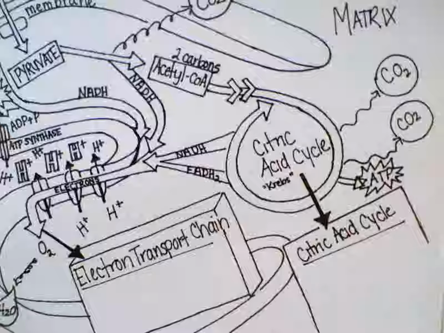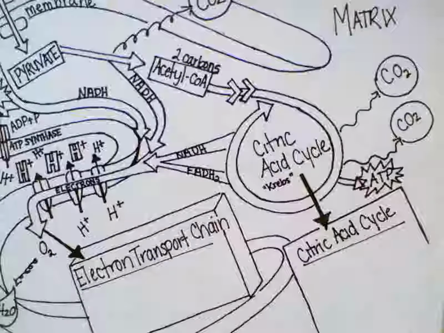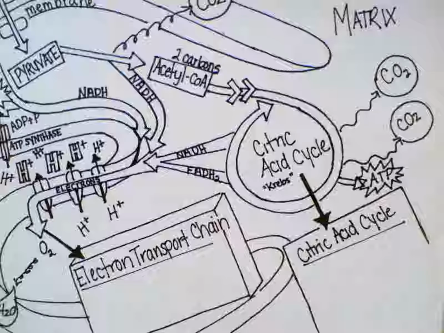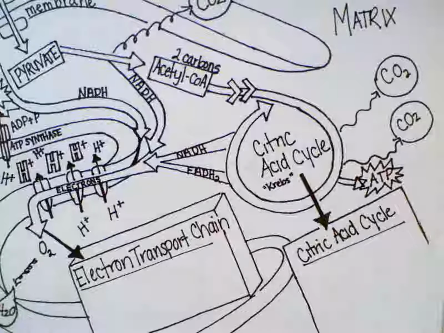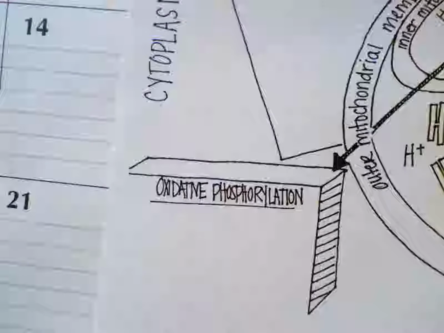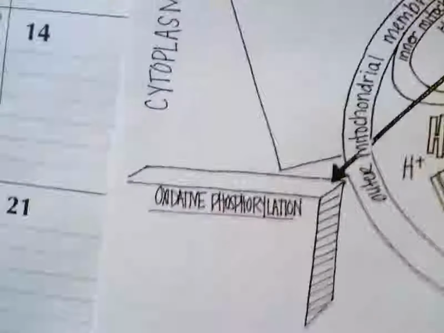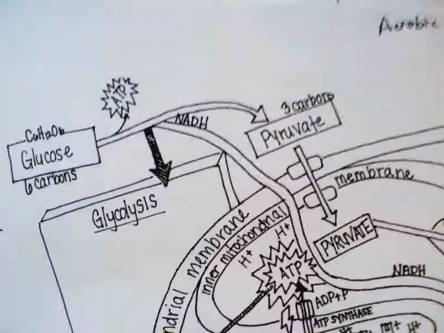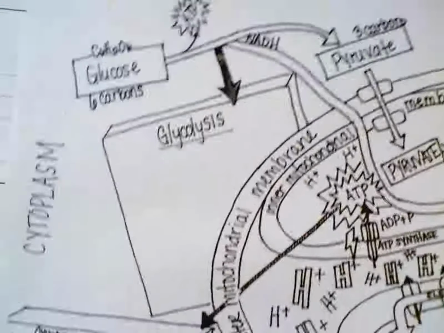Glycolysis, and then the Krebs cycle, also known as the citric acid cycle, also known as the TCA cycle. There are 3 different words for it. Ridiculous. And then the electron transport chain, and then oxidative phosphorylation.